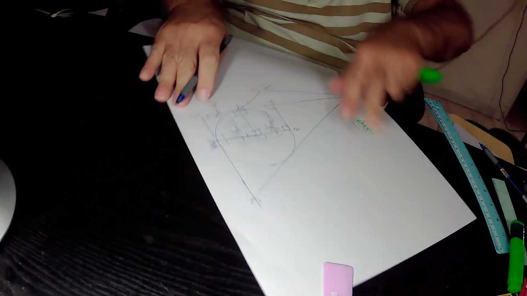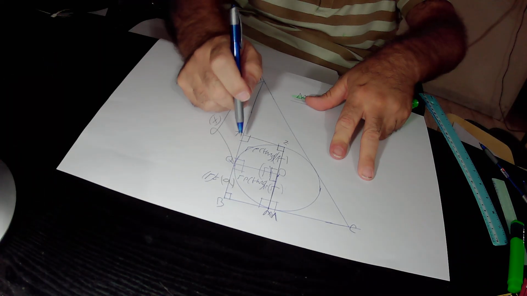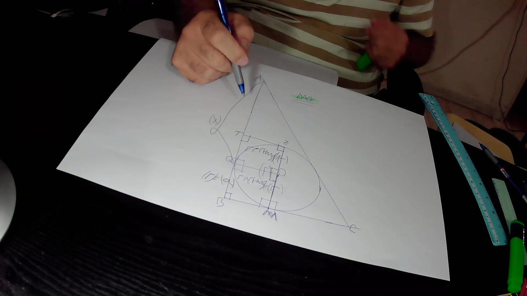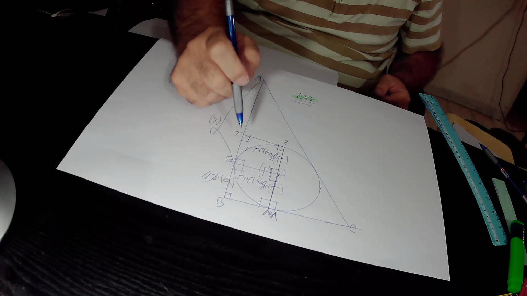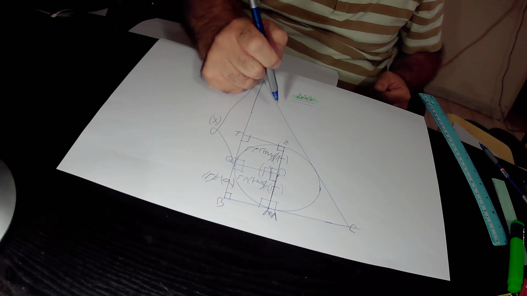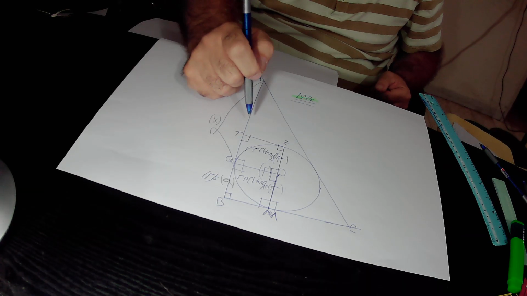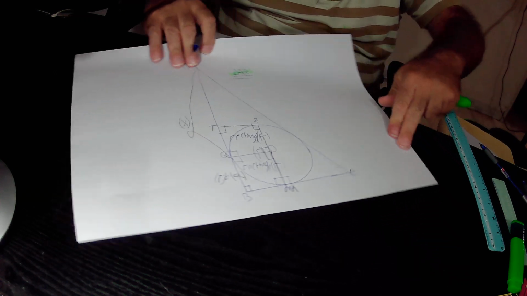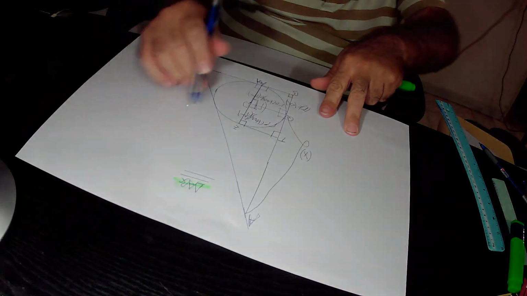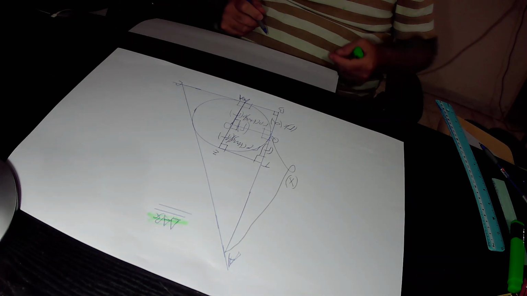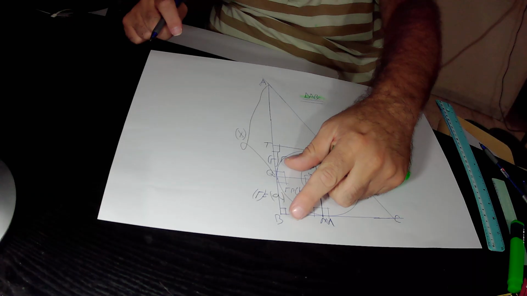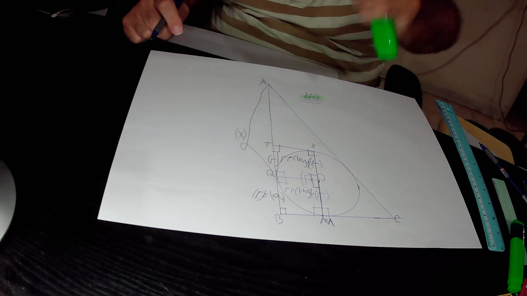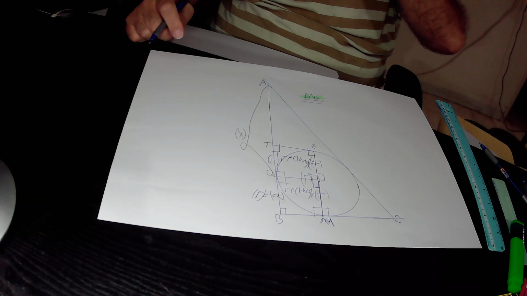So in the upper rectangle TZOQ, the opposite sides are equal to each other. So side ZO is equal to side TQ. But ZO is R, it is the radius of the circle, therefore TQ must also be equal to R. We actually found out that line segment QB equals A and A equals R. So write it down.